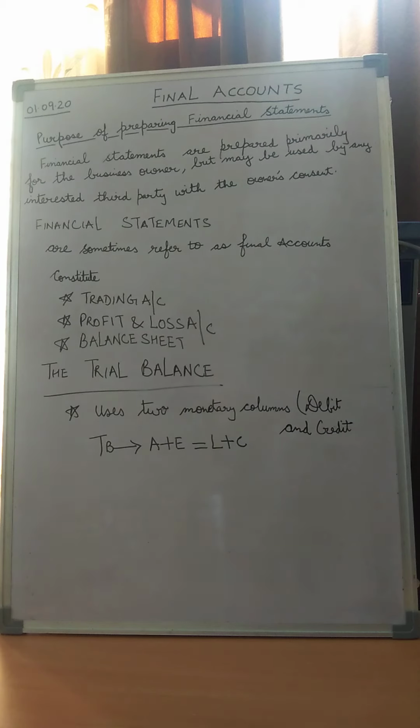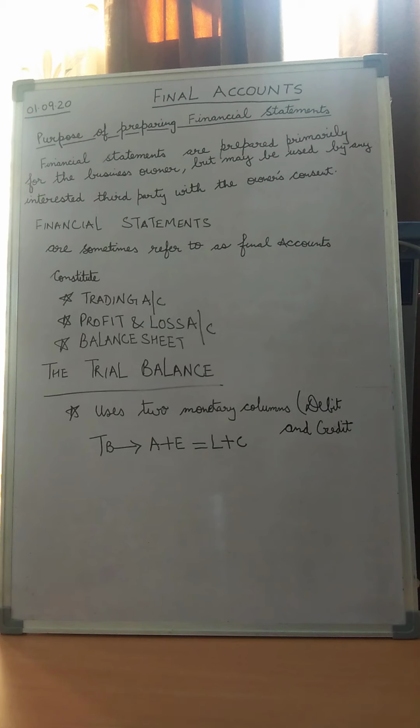The debit column of the trial balance, children, displays the assets and paid up expenses, that is A stands for assets and E stands for expenses. A plus E is on the debit side at the date of review.